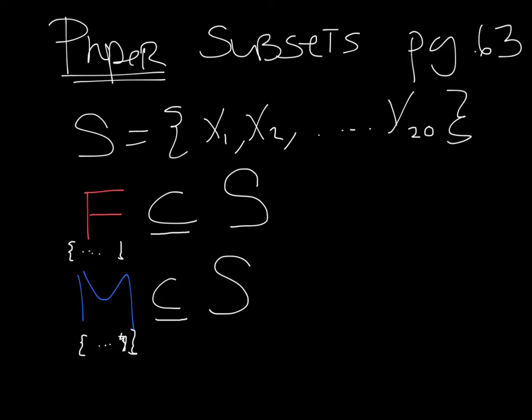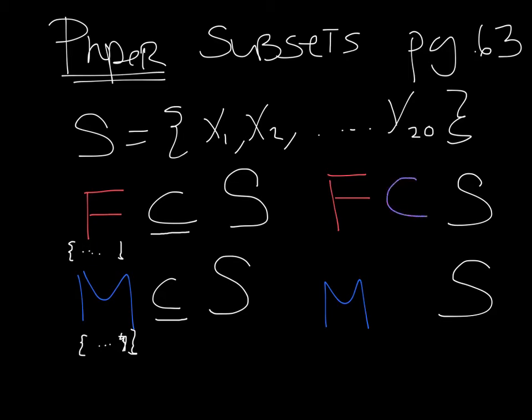Now, if I wanted to omit this, let's rewrite this then. So F, M, and in white here, S and S. I can also write, maybe in purple, this, right?